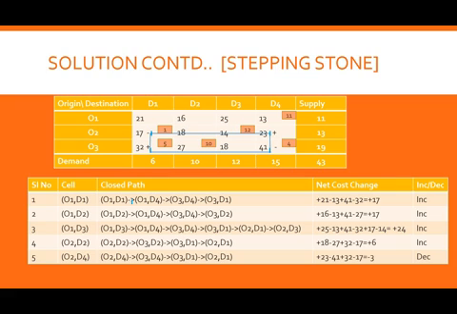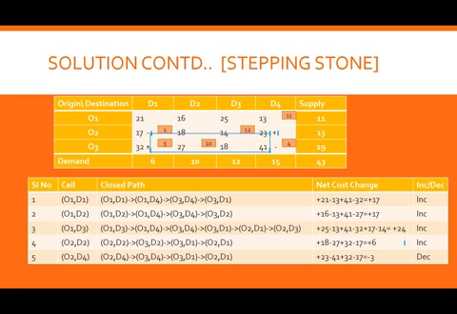Mention that in the closed loop, O2D4, O3D4, O3D1, O2D1. Starting from O2D4, a plus sign, a minus sign here, a plus sign here, and a minus sign here. The net cost change will be plus 23, minus 41, plus 32, minus 17. When I evaluate it, I get a minus 3.